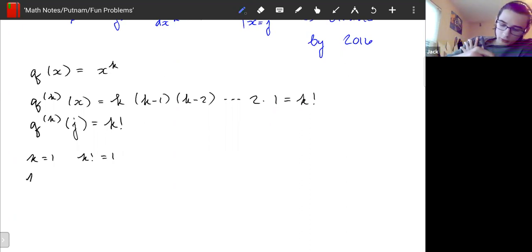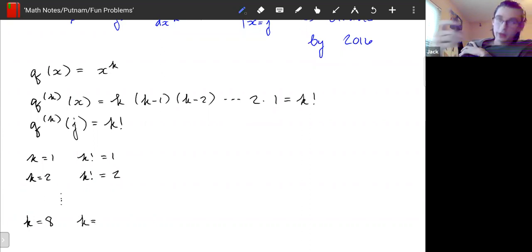We can check k equals 2, and k factorial in this case is just 2. Again, not divisible by 2016. And we can just keep going through this and checking the factorial to see when the first case of k factorial being divisible by 2016 is. And this happens to be at k equals 8, right?